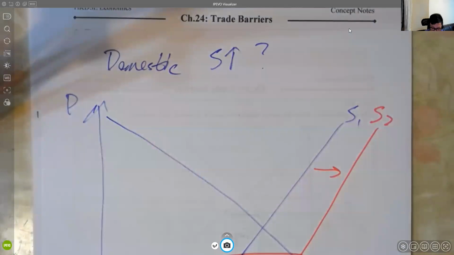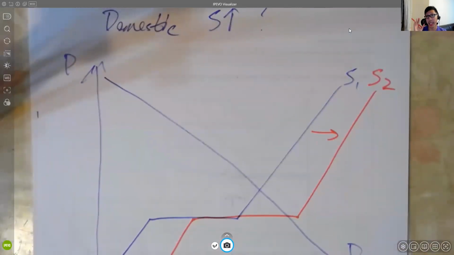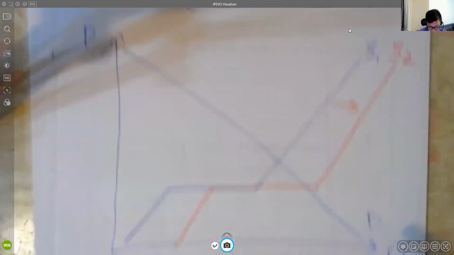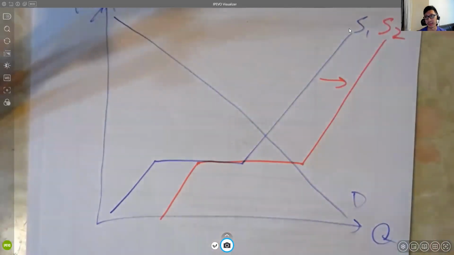So far it hasn't been tested, but I think it might be. Hopefully it can help you. Remember, if the domestic supply increases, then the whole curve will shift. And with that said, I think we are officially done with chapter 24.